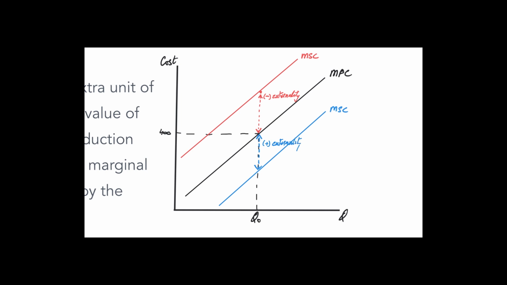It could also be a good in whose production process, instead of creating negative effects on the society, it actually creates positive effects on the society. So in that case the social cost is going to go down rather than going up. Okay, it could be even like to solve this problem we have this, that whenever you cut down a tree you plant a tree.